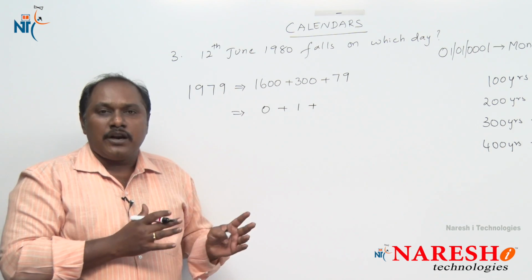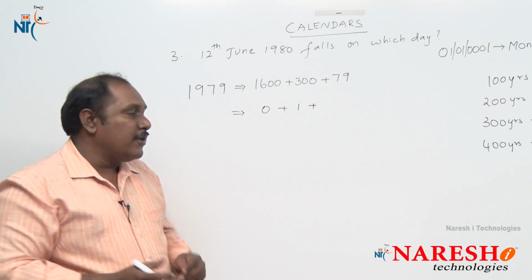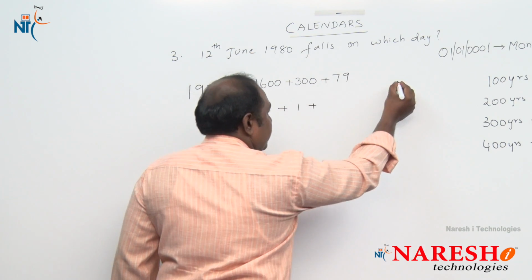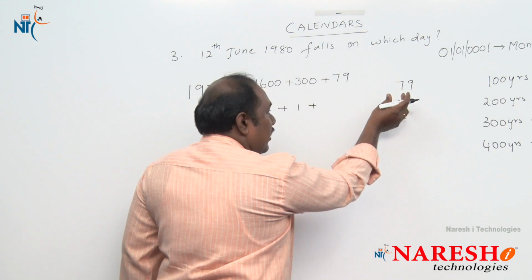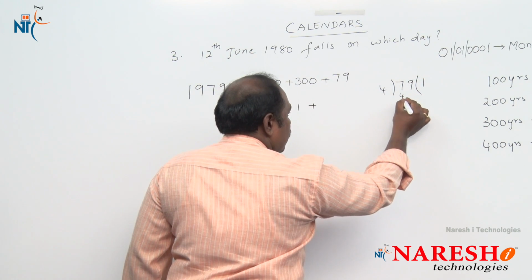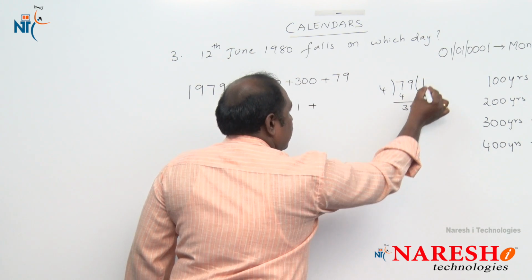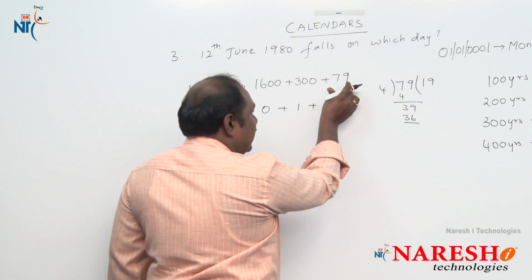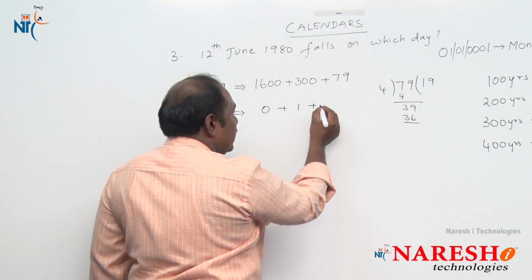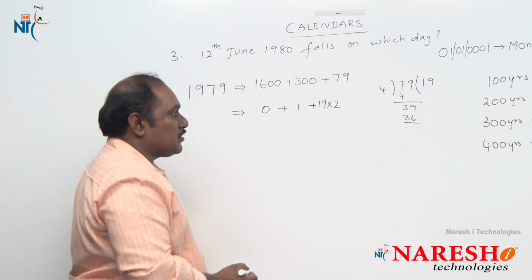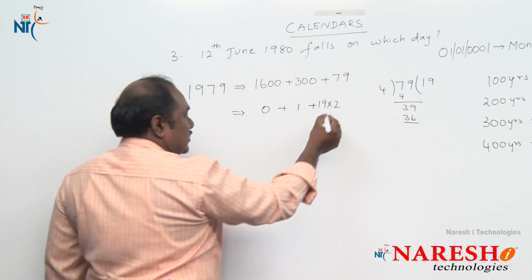Leap years have 2 odd days, non-leap years have 1 odd day. To find leap years, divide 79 by 4. 4 ones are 4, 4 nines are 36. So in these 79 years, we have 19 leap years and each leap year has 2 odd days. So 19 into 2, plus.